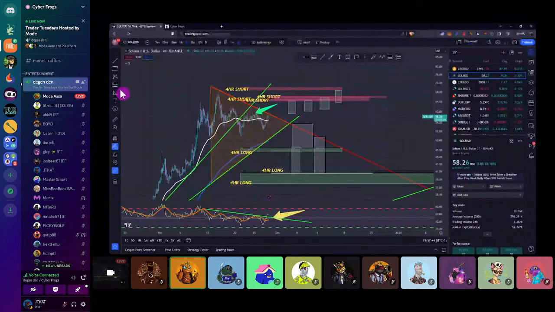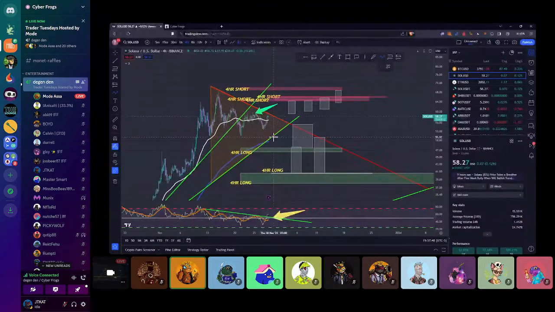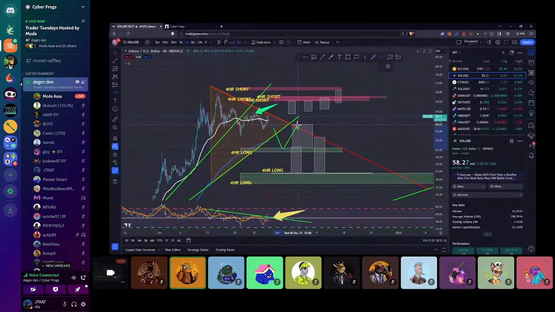What Thor is saying is if the market drops down to this point, there's a high probability that we are going to retest this point. Take profit.